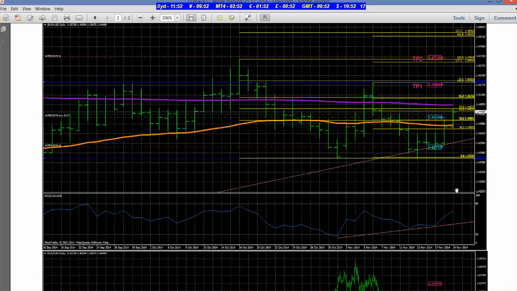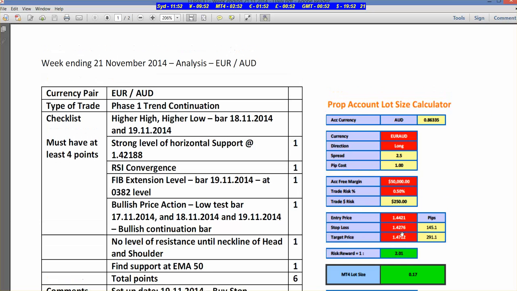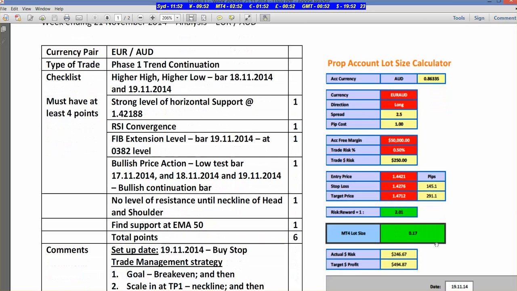So if you're risking $250, your lot size is 0.17, so you do one of 0.09 and one of 0.08 to split your risk across them, and obviously your entry price and stop loss is the same. The management of the trade is the same, but 2 different targets on them.